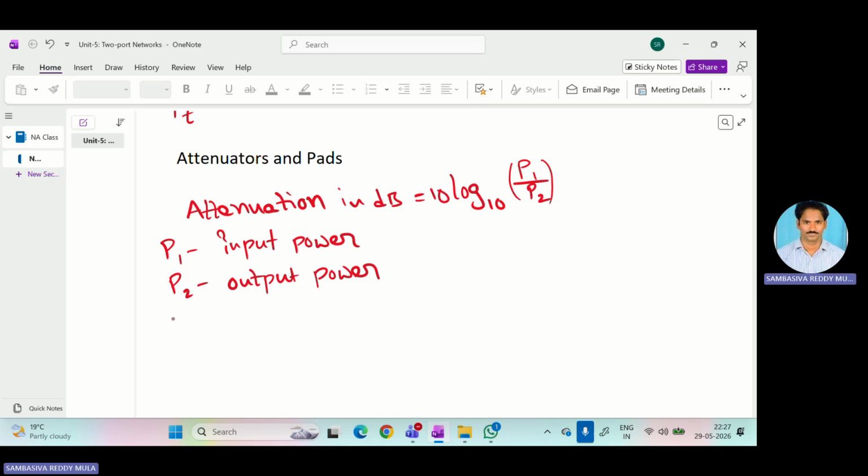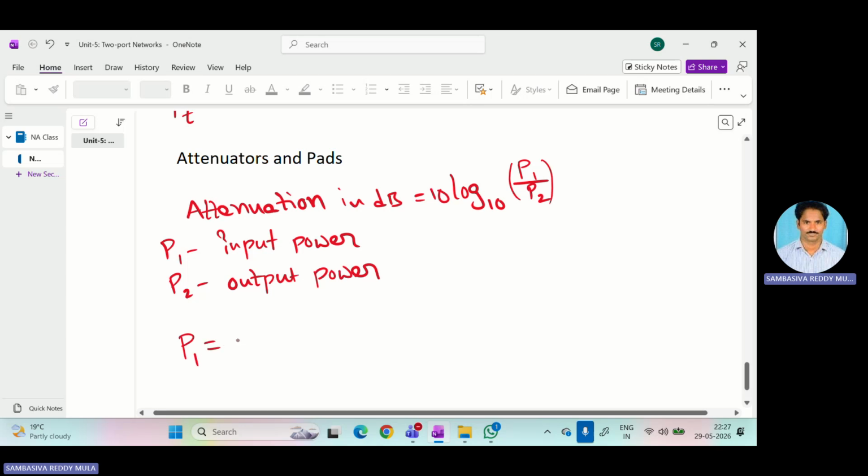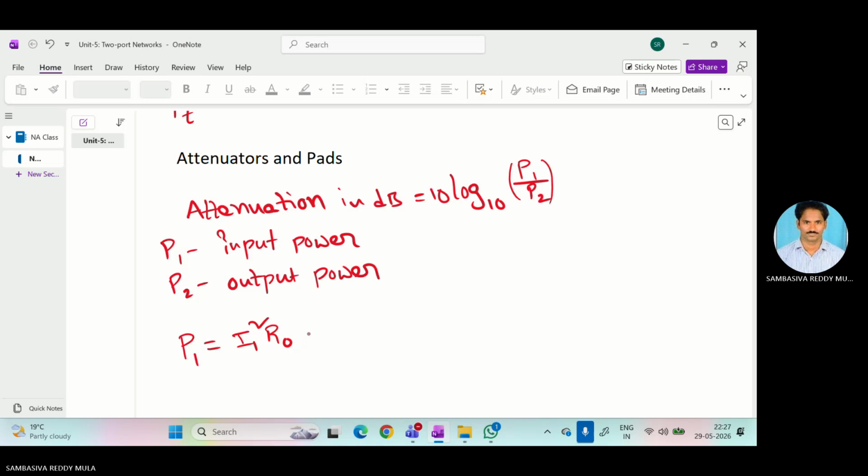So we can express this for a two-port network or for a device. Here P1 is expressed as I1 squared times R0, or V1 squared by R0. Why are we writing R0? Is it the output resistance?